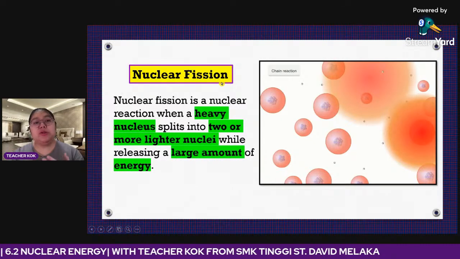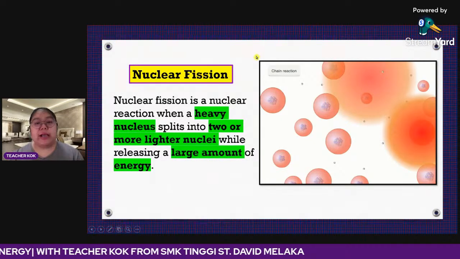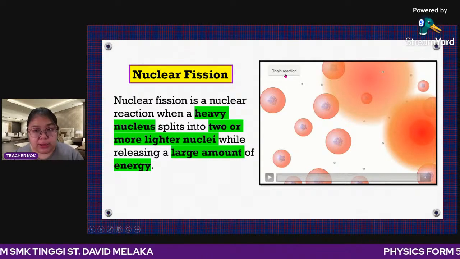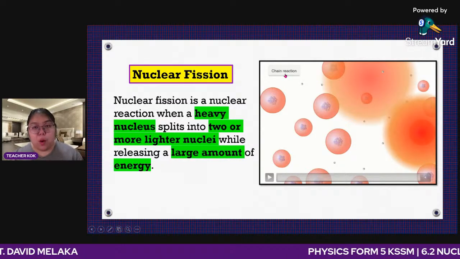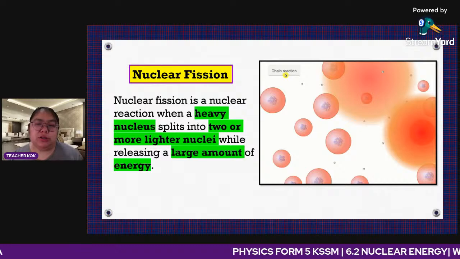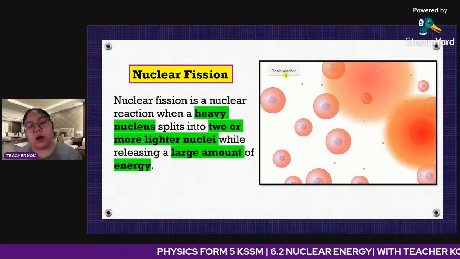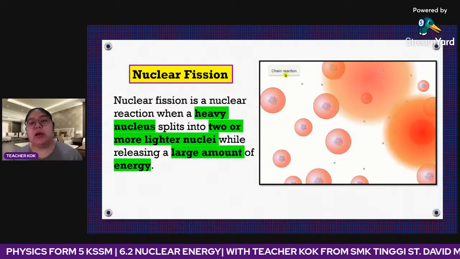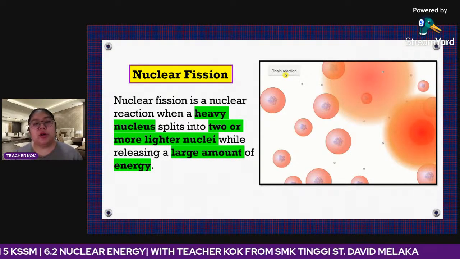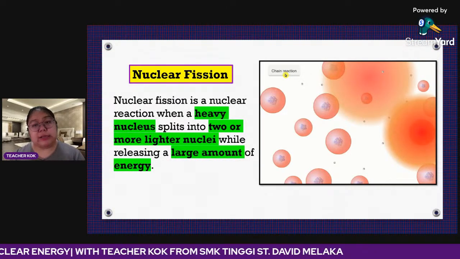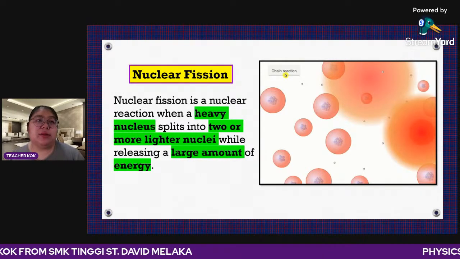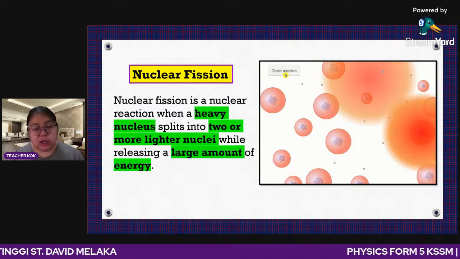When they continue to do nuclear fission, we call it a chain reaction. When a chain reaction happens, you will produce more and more energy. So this is one of the processes to get more energy from nuclear fission. We repeat the process, and repeating the process we call a chain reaction. So this is important, you need to think about that.